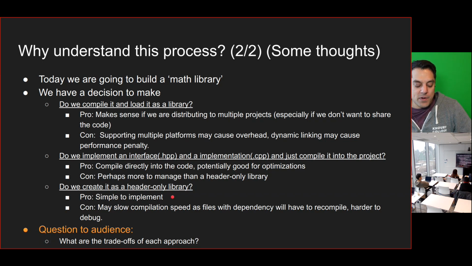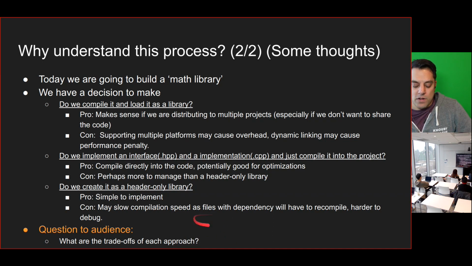With a header-only library, it's probably simpler to implement, right? We're just going to put everything in the header library. Now the con to that is if I have a bunch of implementation in my header, and I do it in a sort of suboptimal way, that could slow down the compilation process, because every time I make a change in my source code in my header file, any file that includes that header automatically has to be recompiled whenever we rebuild.